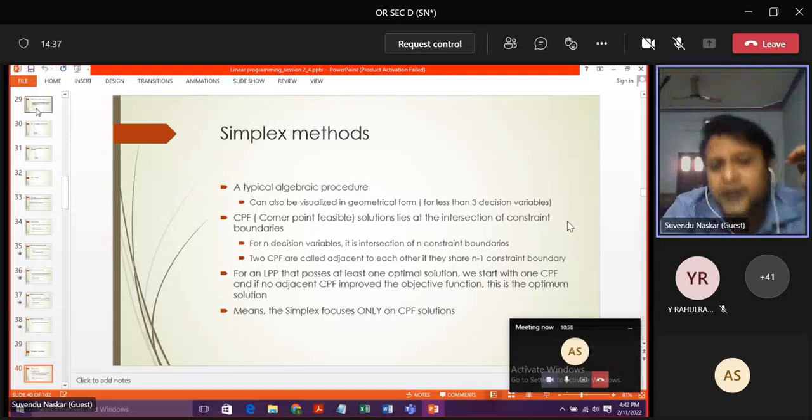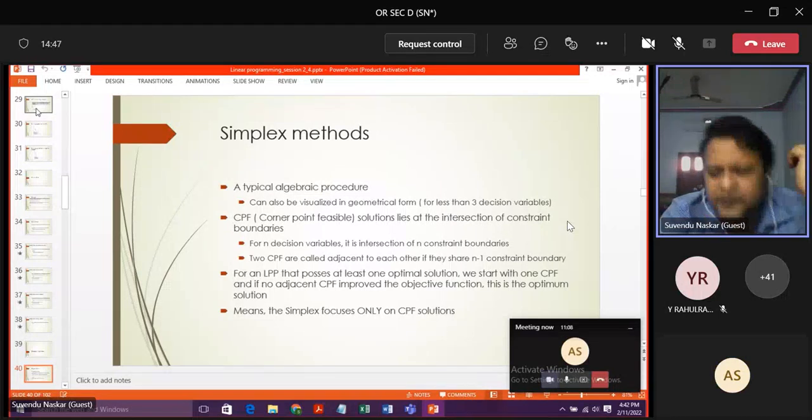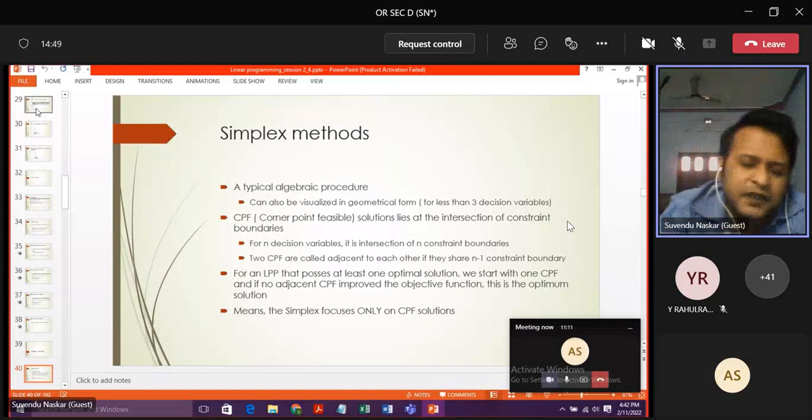So this is one approach where we assume that the optimal solution is most likely to remain in one of those corner points. There are other approaches which we will not cover, where you approach it from some internal points and achieve the optimal solutions.